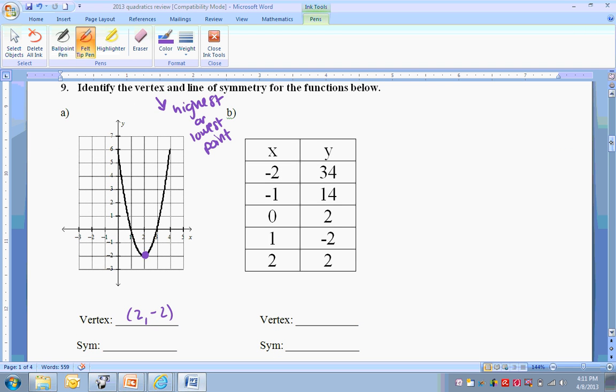Now, the axis of symmetry is always going to be the x value of my vertex. So the x value of my vertex here is -2. So I go ahead and write my line of symmetry as x equals 2.